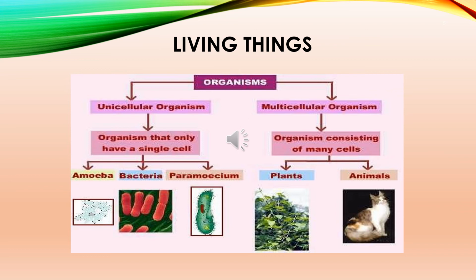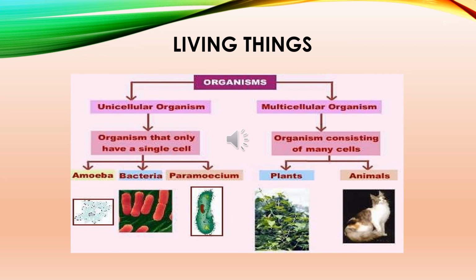There is another one. All functions are carried out by the organelles of the single cell, but multicellular has specific functions for different cells. Unicellular has a simple body construction, because it is only one single cell, and multicellular has a complex organization.